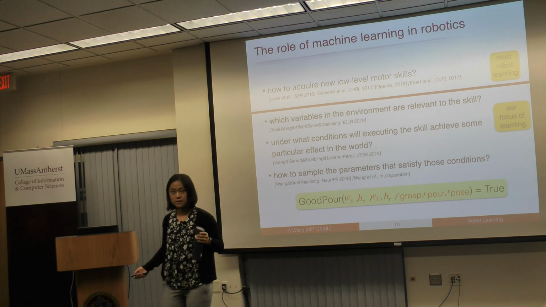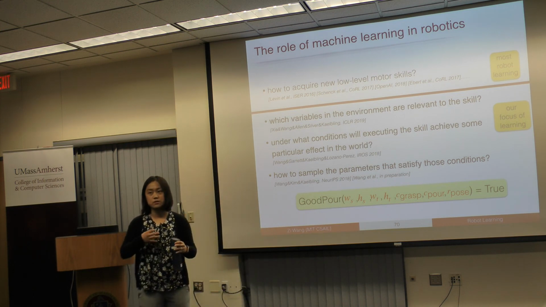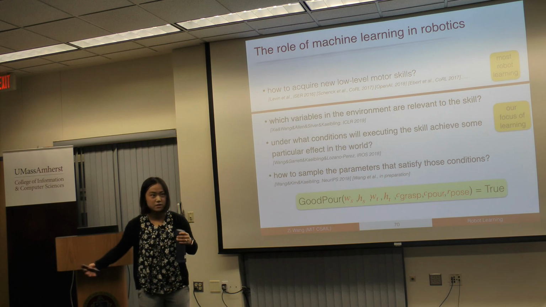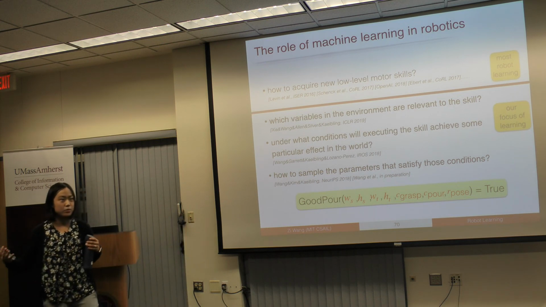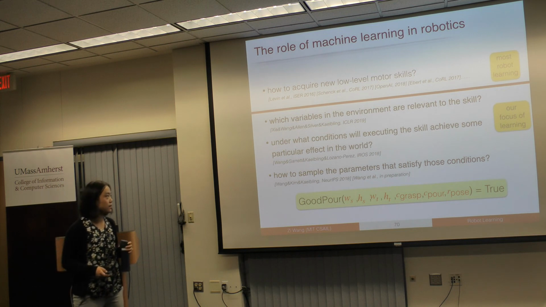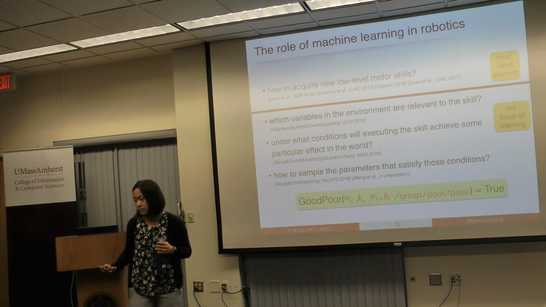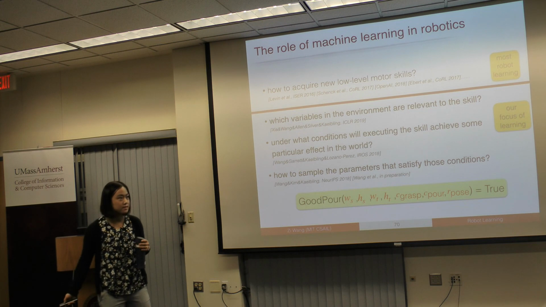So the question is how we can do this without using too much data, since getting the data from a robot is expensive, and even if we use high fidelity simulation, we want to save some time, right? So some ideas from Bayesian optimization could help in that case.